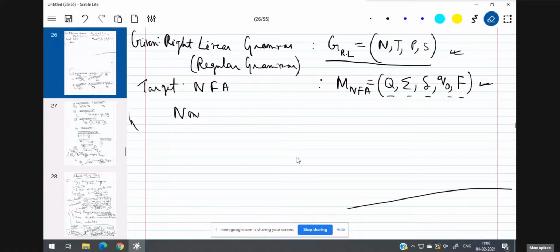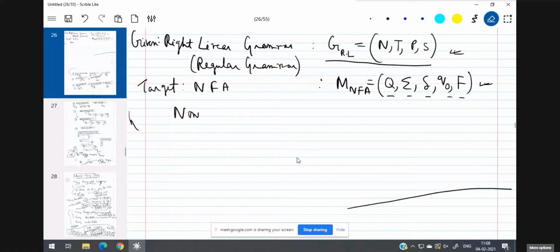Now, the non-terminals will form the set Q, and then one more extra final state, because this grammar will not provide the information about the final state.